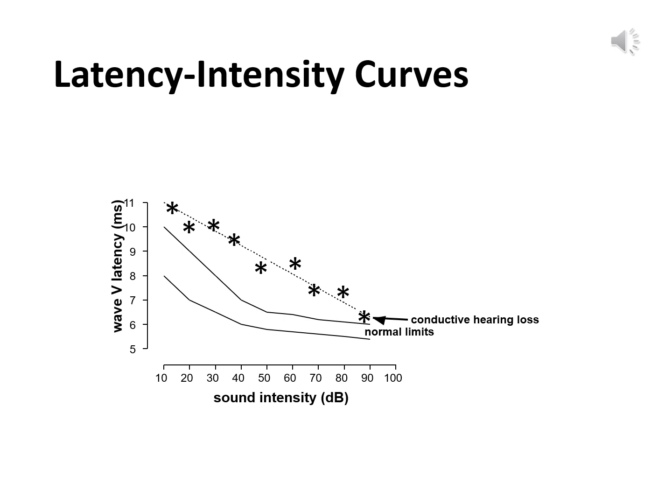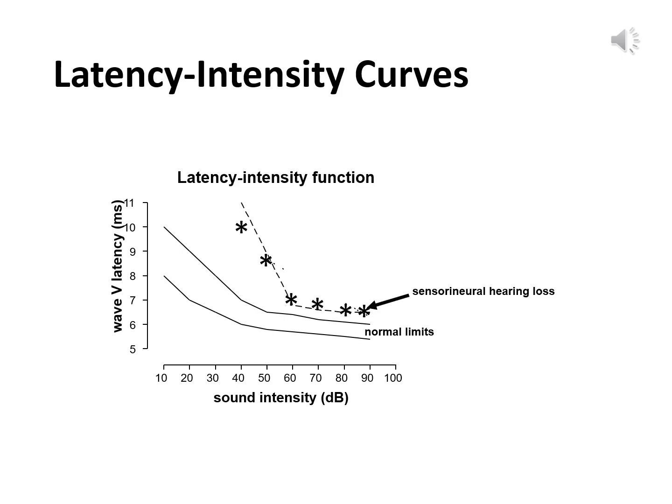And so when we see this kind of pattern, it's suggestive of a conductive hearing loss. If there's a conductive or peripheral hearing loss where the sound cannot get through the outer and middle ear, then there's an overall increase in the latency of wave 5, and this happens fairly equally across all intensities. And so this causes a shift of the entire curve upward from the normal range.